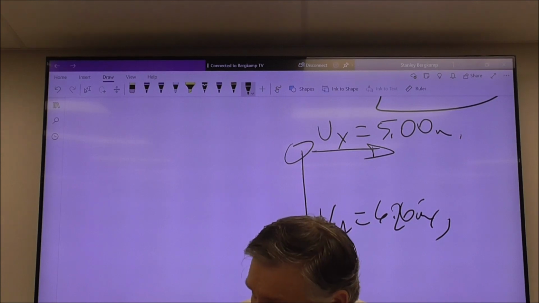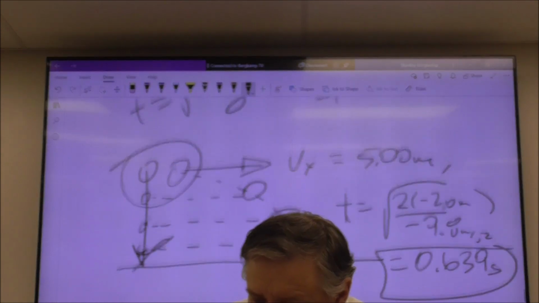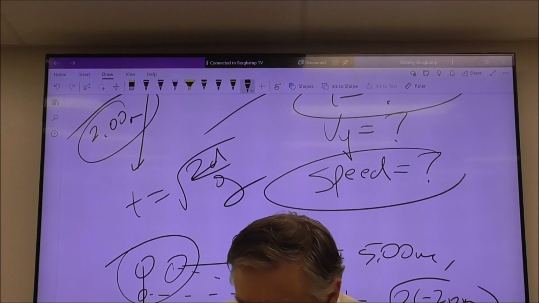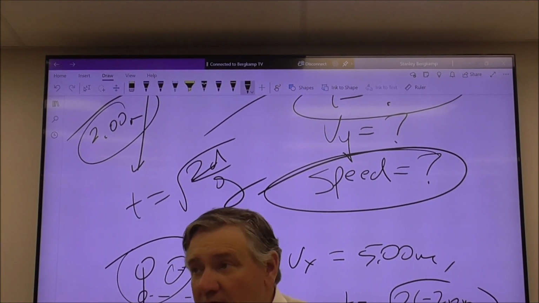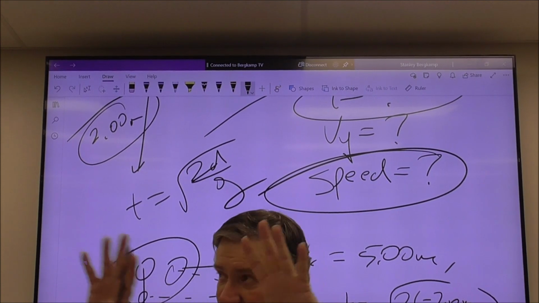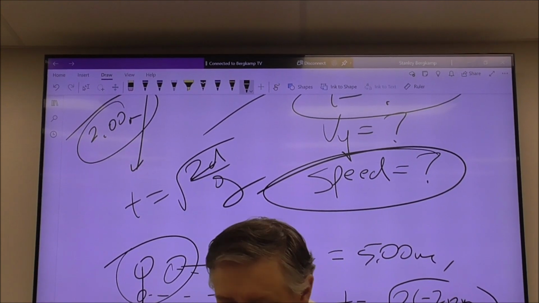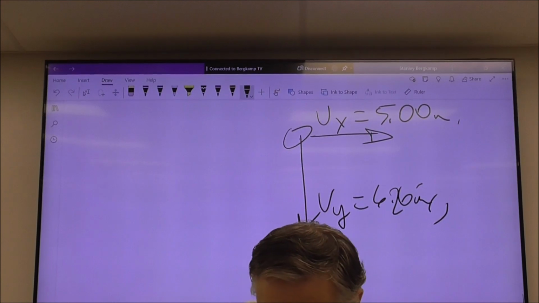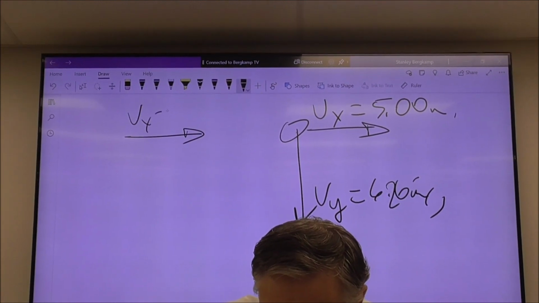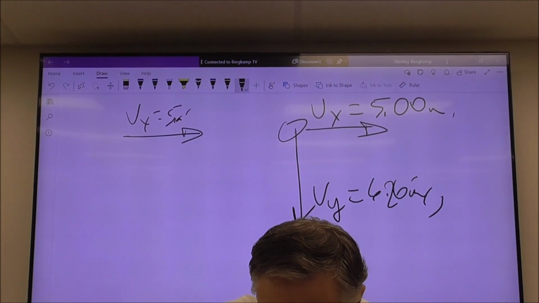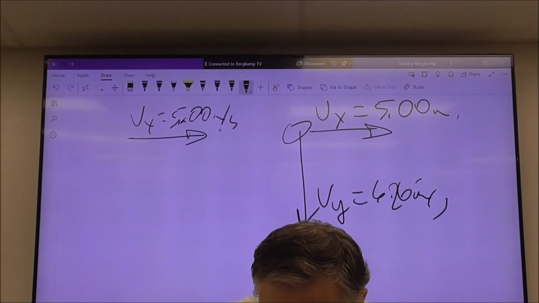So now I've got my vertical, and I have my horizontal. So to get my speed, when you're talking about speed in projectile motion, you're talking about the resultant of your X and Y velocities. So this is going to take somebody to get a little calculator action going on. So I've got Vx, which is 5 meters per second, and this goes back to vectors.